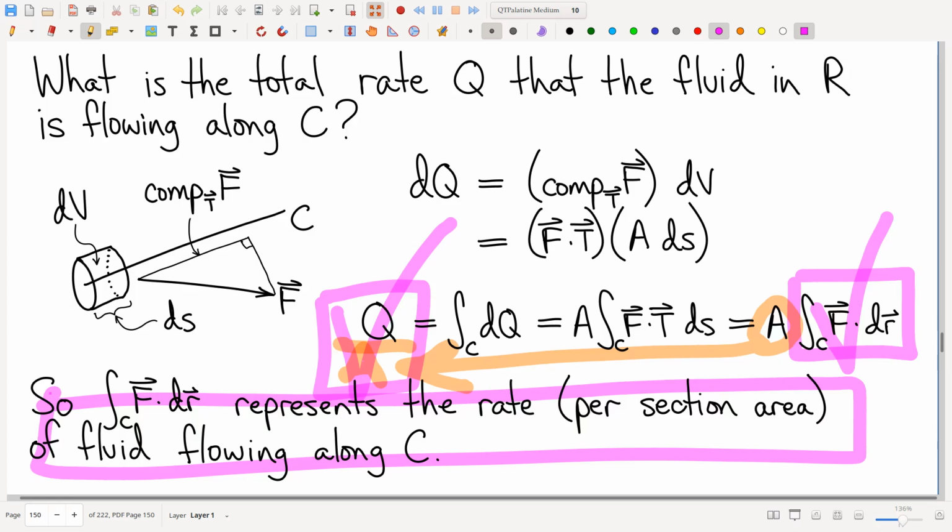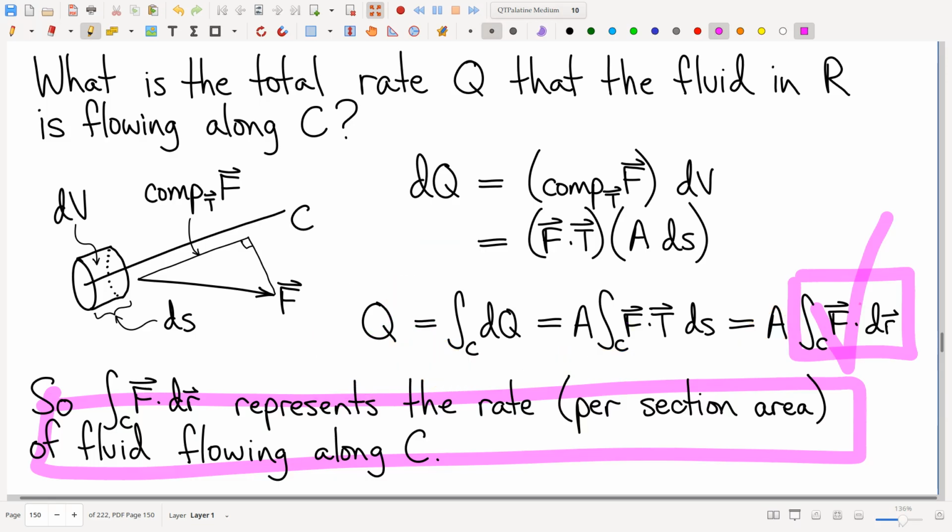To some extent, when you are looking at a flow of a fluid and there's a curve involved, the fluid is flowing along the curve. To some extent, it's not flowing along the curve. This just says, altogether, to what extent is the fluid flowing along the curve? And it's a really, really valuable interpretation.